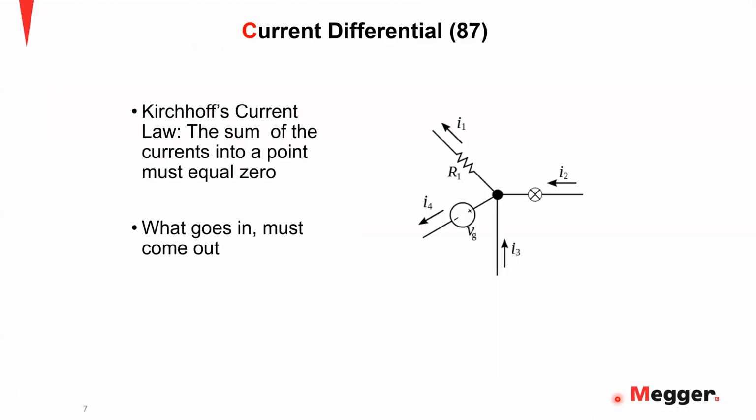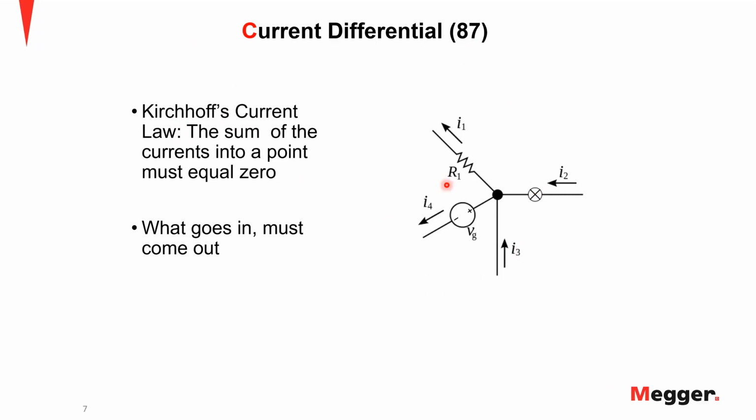So current differential, the number 87, that's the ANSI or the IEEE nomenclature to designate the differential protection, right? So Kirchhoff's current law. The law states that the sum of the currents into a node must be equal to 0, right? So the current differential principle works on this very law here.